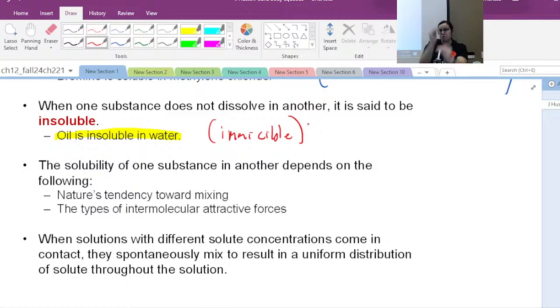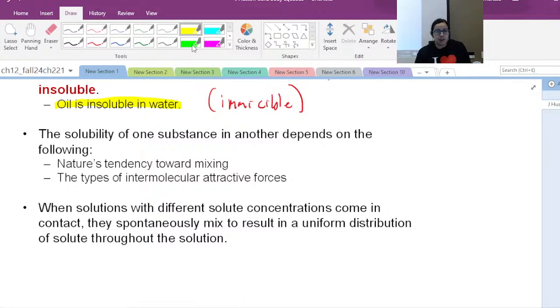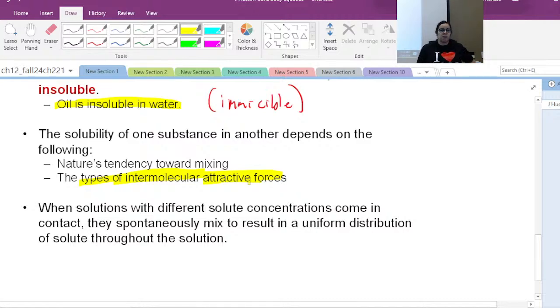You want to be able to separate things out based off of solubility. Eventually we'll revisit this, the types of intermolecular forces, and this is what dictates solubility.